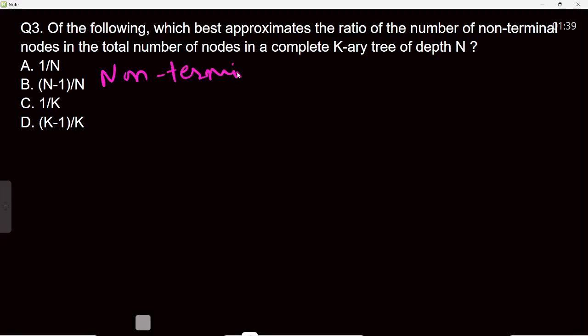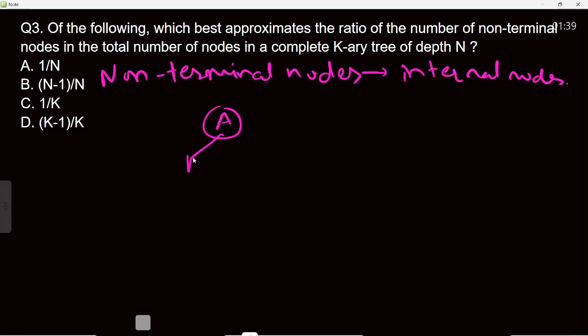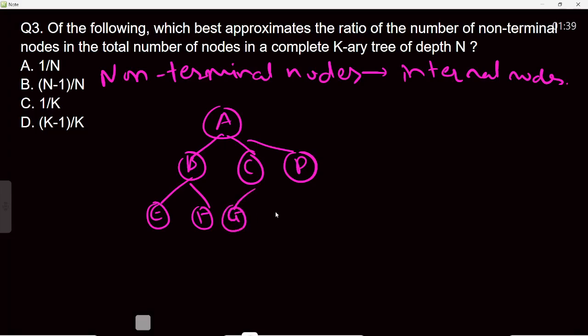Non-terminal nodes are basically internal nodes. Suppose I draw a tree diagram: A, B, C, D, E, F, G, H, I. Now, what are non-terminal nodes?